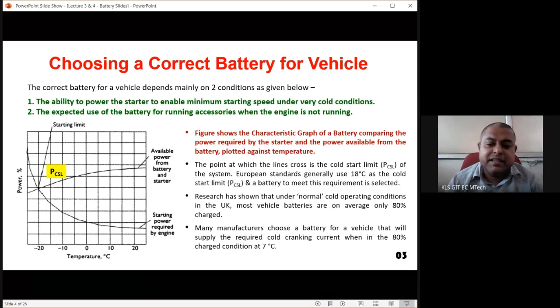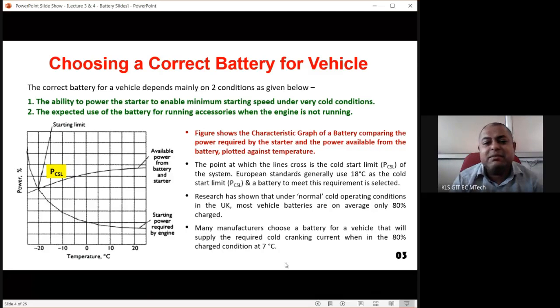7 degrees centigrade is also quite a low temperature. At 7 degrees centigrade, on the left side, you can say 80%. How much is our power at 7 degrees centigrade? Our power at 7 degrees centigrade is almost 60%. So many manufacturers choose that 80% of the charge should be there at 7 degrees centigrade.